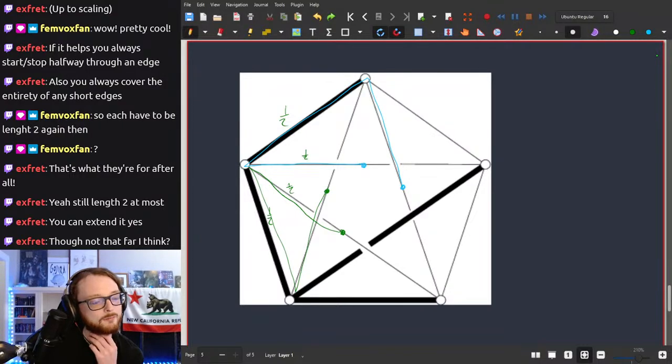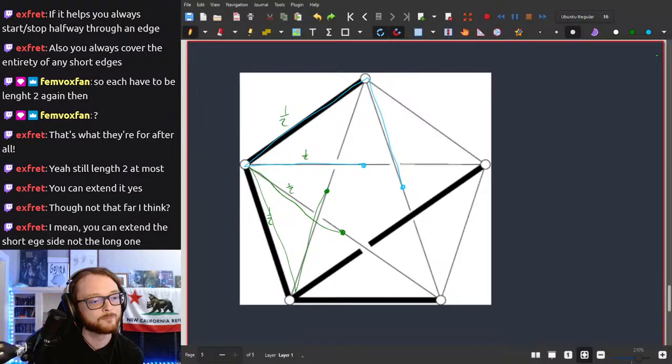Oh, I mean, maybe I misunderstood what you said there. I thought they're automatically covered just by doing that, but I don't think that's what you're saying. You can extend the short edge side, but not the long.